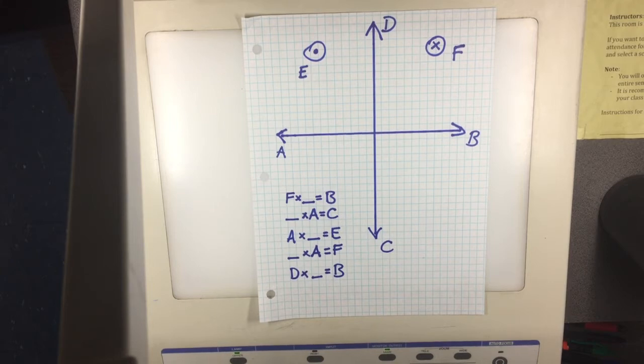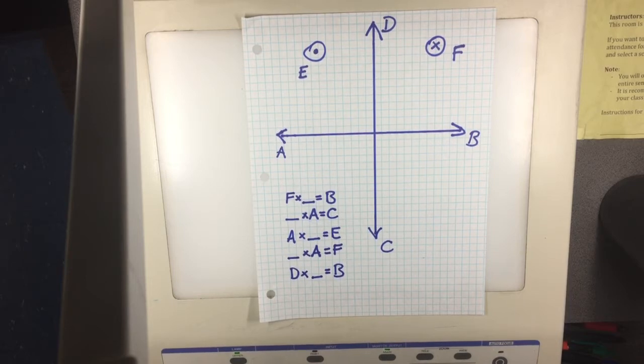So the missing one must be up-down, D or C. If you go F in, the only way that you can get your thumb to point to the right is if you move your fingers up the page towards D. So the answer is F cross D is equal to B.